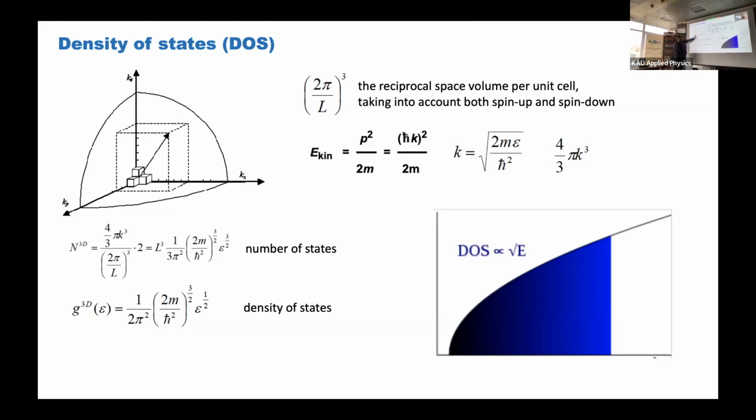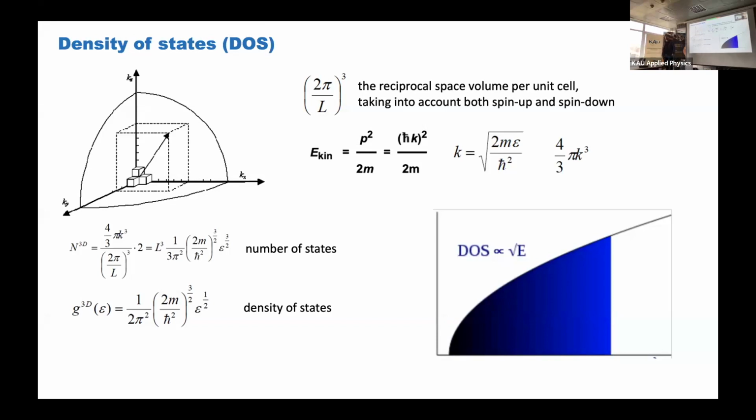Then we can calculate the density of the sites per some energy. It's very easy. What is the number of sites? We should take all the space in this reciprocal space. It's like a sphere with some radius k.